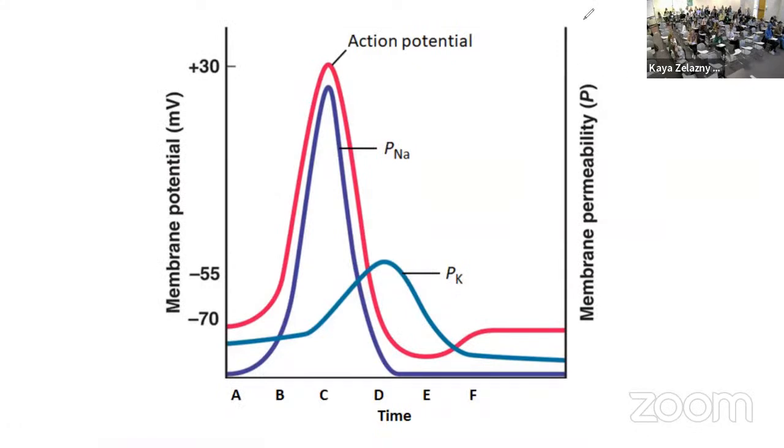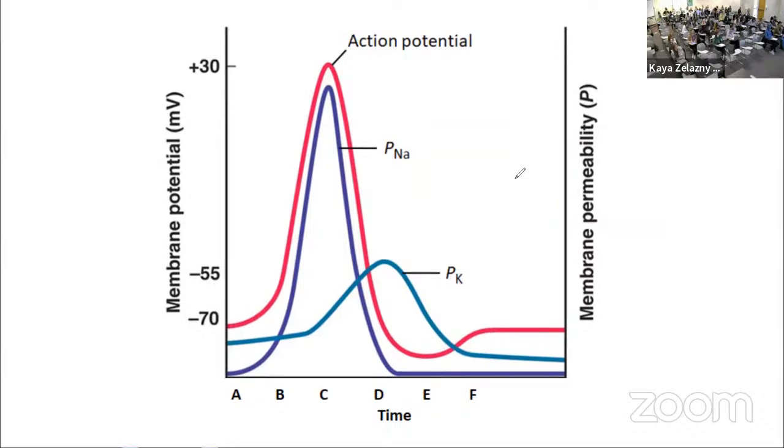Okay. So what I want you to realize about those voltage gated channels is that we're affecting the permeability of the membrane to those different ions. So what we're causing with those voltage gated channels opening and closing is we're changing how permeable the cell is to sodium, and we're changing how permeable the cell is to potassium.